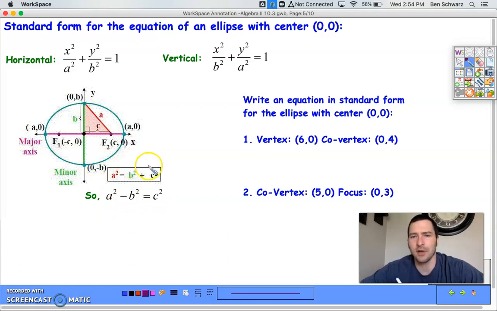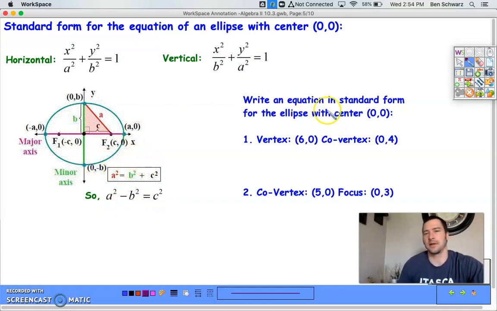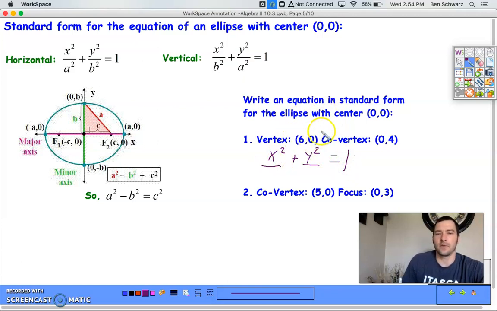So let's go ahead and try to write the equation for an ellipse over here. Center's at 0, 0. So we know we have x squared, and we're going to have y squared, and it's going to equal 1. Now the vertices, 6, 0. That's going to the right 6 from 0, 0. So that means we're 6 away.